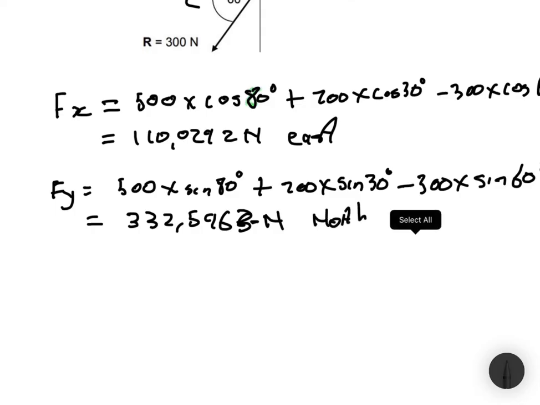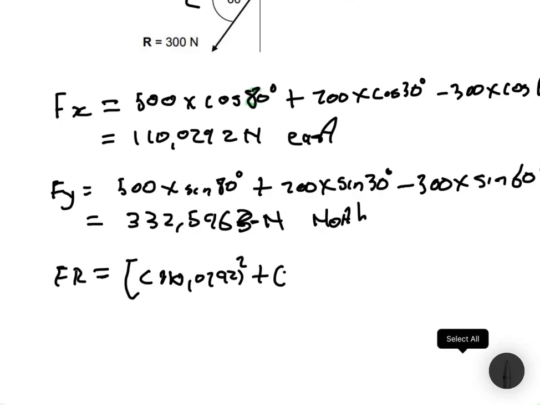So now I have the vertical and the horizontal. I can find the resultant. The resultant is going to be equal to, we already know that we're going to take everything to the power 2 as a means of squaring. So we're going to have 110.0292 squared plus 332.5963 squared, right?